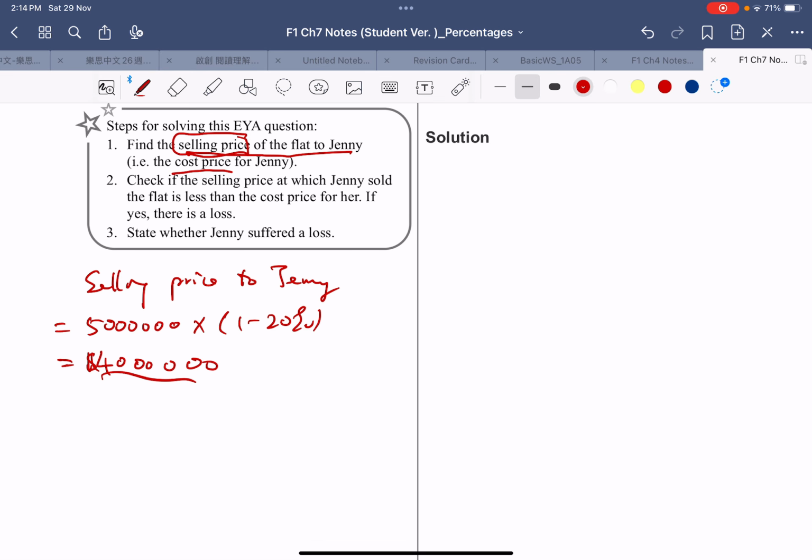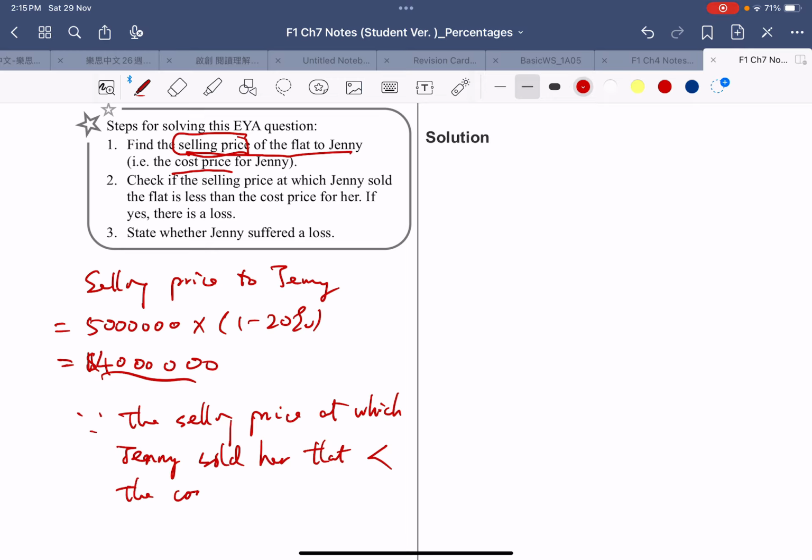So how to write down? Since you need to compare the numbers at least to show she suffers a loss. Since the selling price at which Jenny sold her flat is less than, use the mathematical symbol, less than the cost.